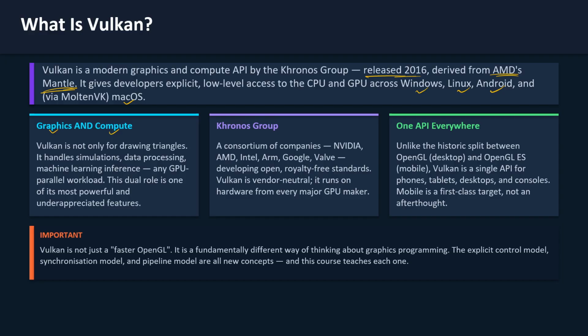The Vulkan modern graphics and compute API is developed by Khronos. Khronos is a consortium of companies like Nvidia, AMD, Intel, Google and Valve. What they are doing is creating open source APIs which are royalty free, so that everyone can utilize them.